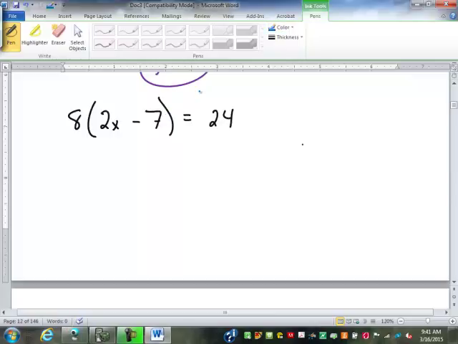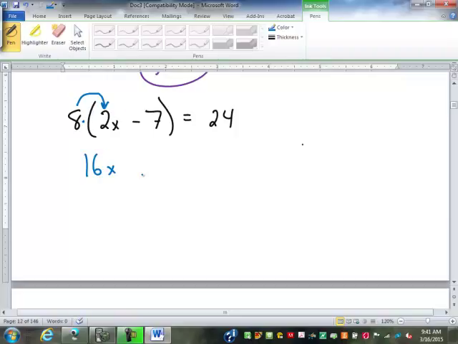So the second question then, is there anything that can be done to the parentheses? And that's where you were going. The parentheses can be multiplied by 8. And as you were saying, everything in the parentheses has to be multiplied by 8. So 8 times 2x is 16x. There's no other x's, so there's nothing multiplying the x.